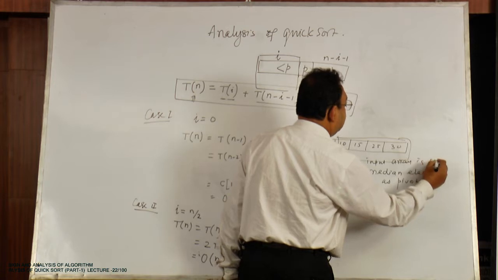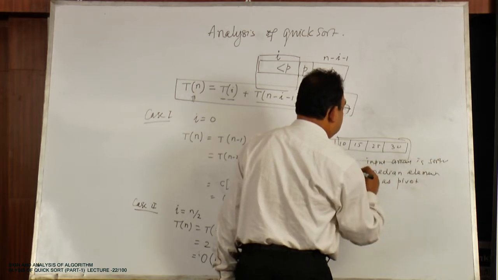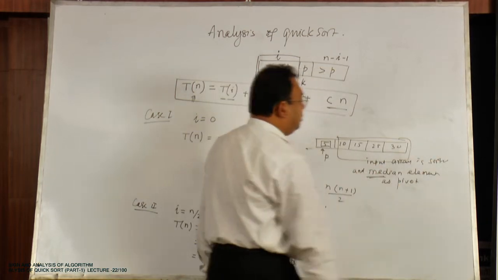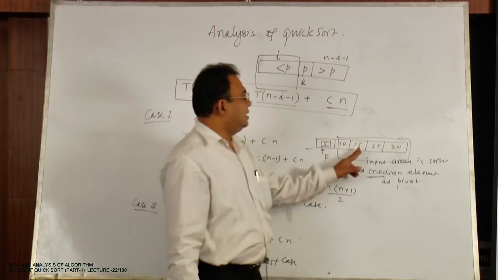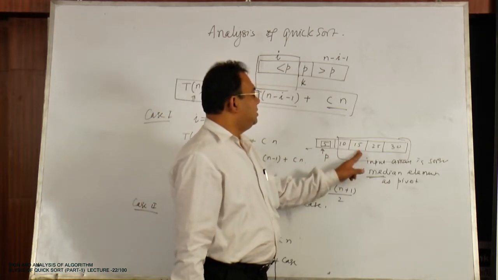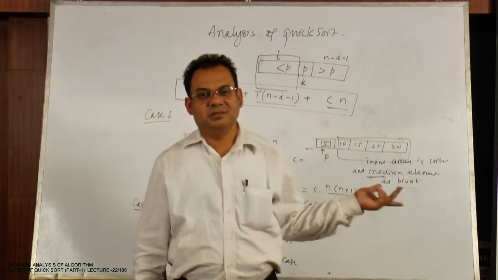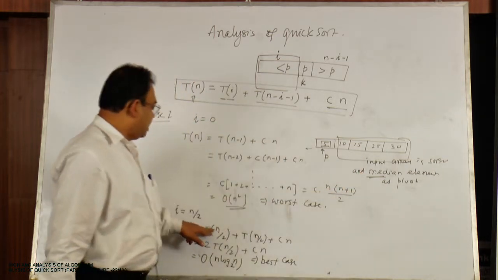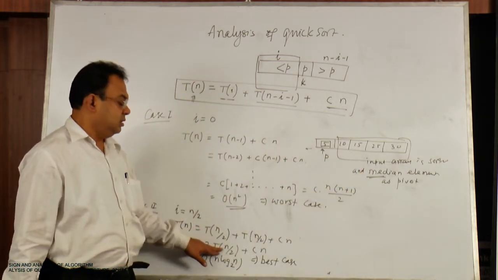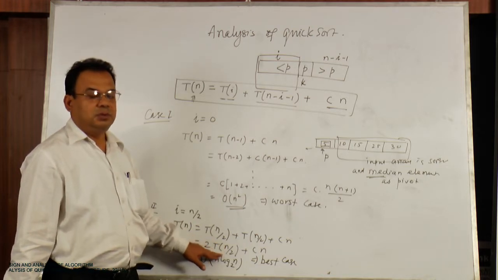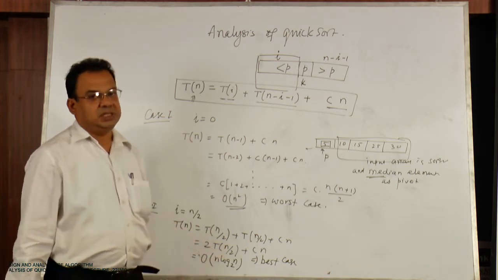So, in this case every time the median element will divide the array into two equal parts. Every time it will be divided into two equal parts, next it will be n by 4 and so on. So, we will get the best case.